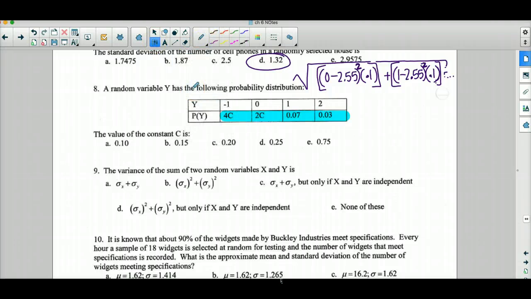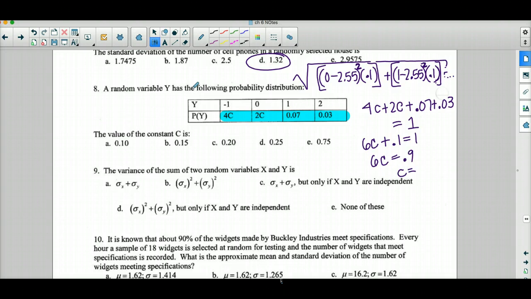So we know that 4c plus 2c plus 0.07 plus 0.03 has to equal 1. So 6c plus 0.1 equals 1. c is 0.15.